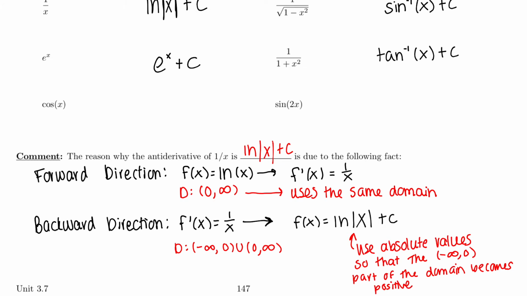So this is something that I'm going to be hard on. Just like this plus c thing, the absolute value part, when you're going in the antiderivative direction is important. When you take the antiderivative of 1 over x, you're going to have ln of absolute value x, that is.